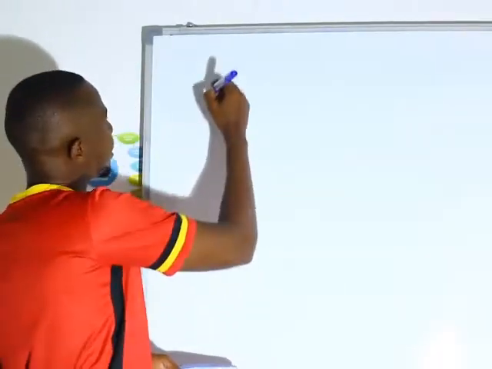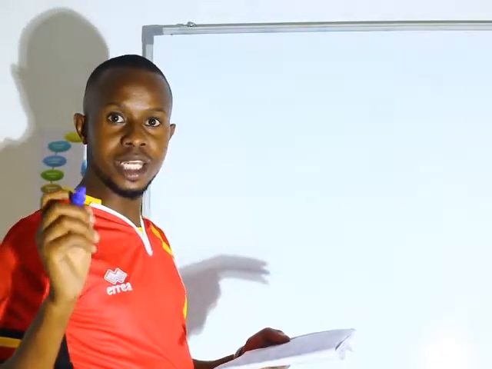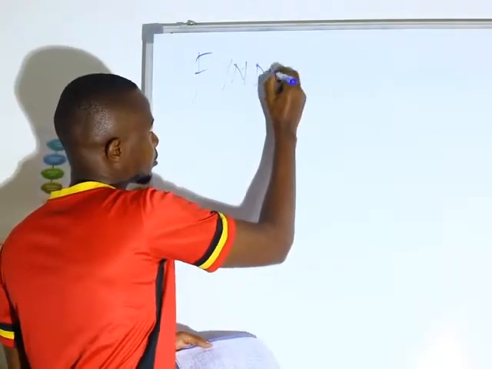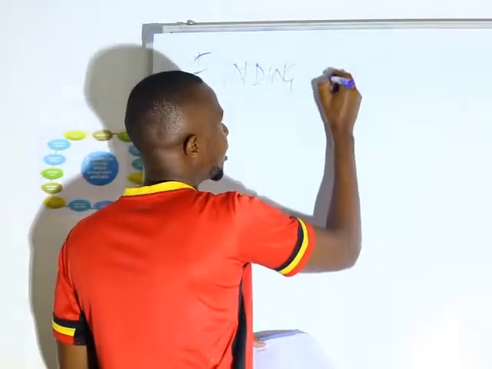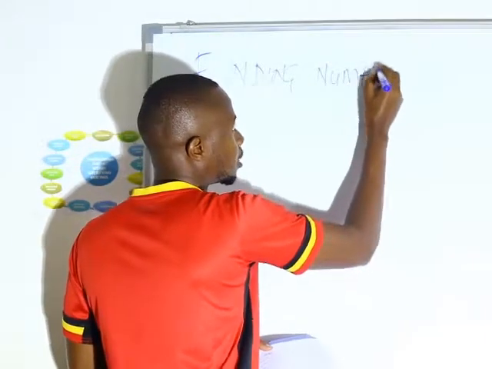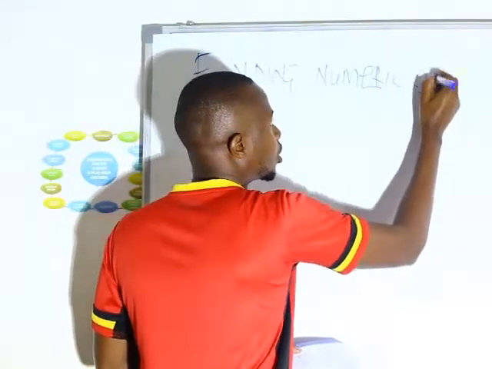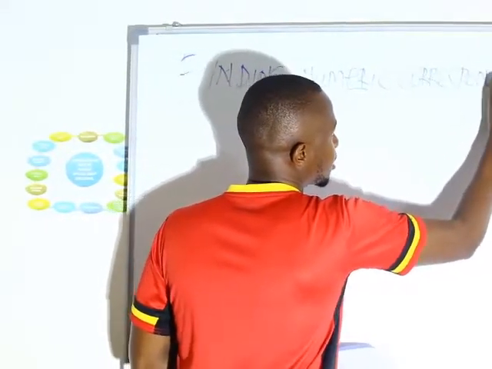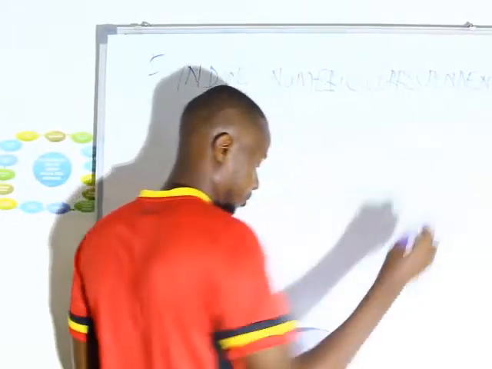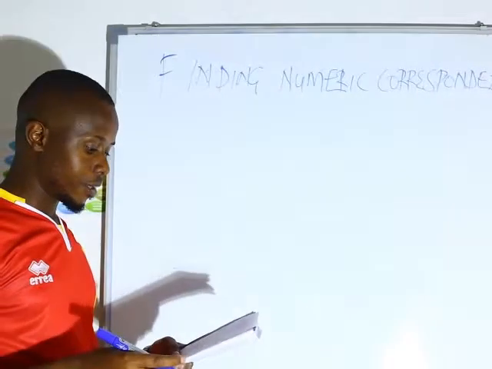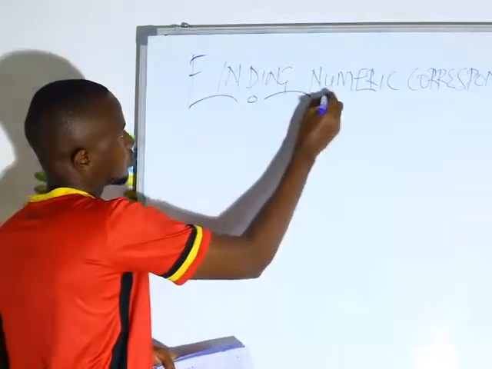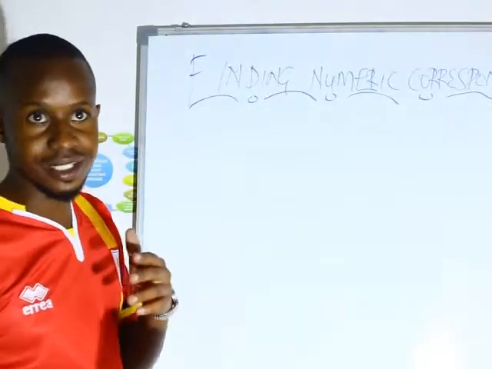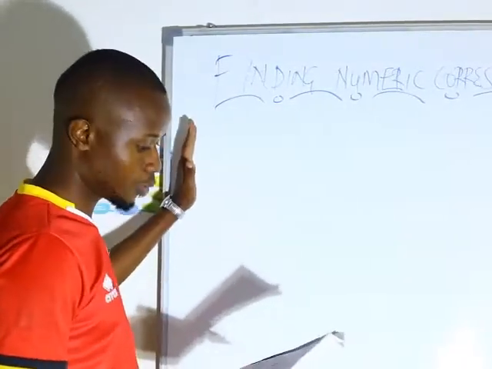So our next thing here is called finding numeric correspondences. Finding numeric correspondences is what we want to know how it works out.